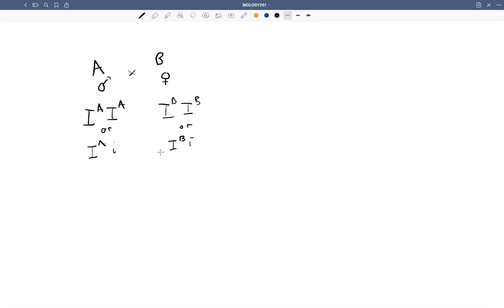And I guess if you want to consider the offspring of this cross, you could consider all possible genotypes for somebody who is type A for one parent and type B for the other parent. So would it be possible to have these two parents produce offspring that have type A?